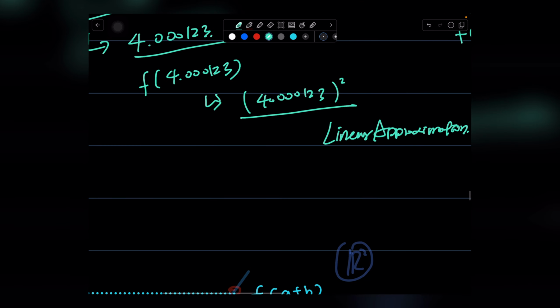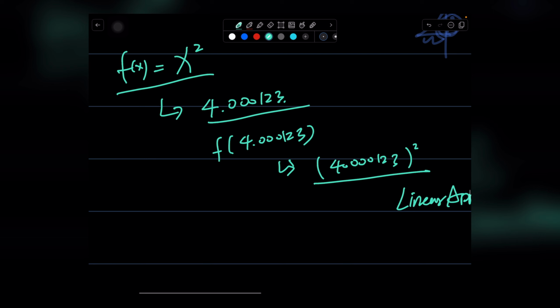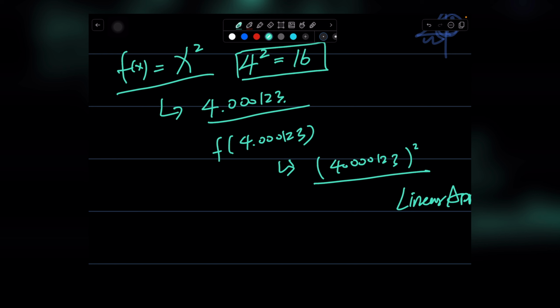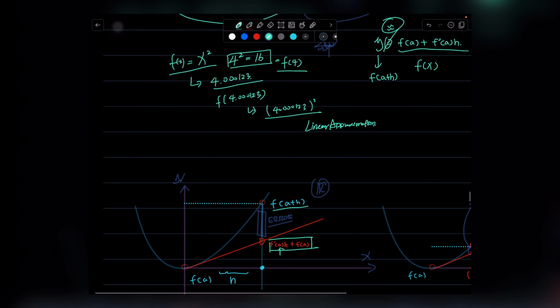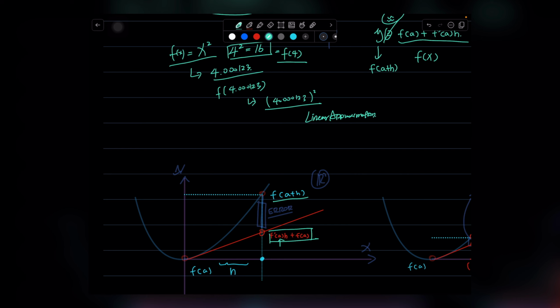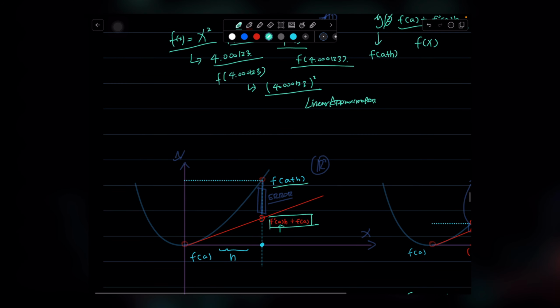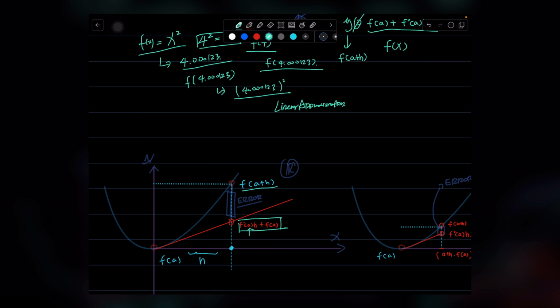Back to the question, suppose we want to calculate this value. We know that 4 squared is equal to 16, so if we want to calculate this value, the easiest way is to first use the derivative of this function.